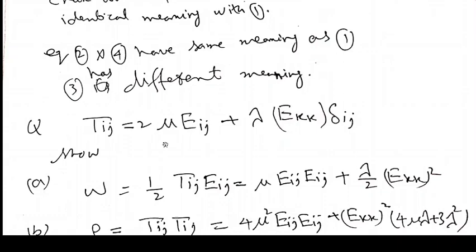E, delta and T have some indices, and mu and lambda have no indices. We will explain how these are tensors or not, and how lambda and mu are scalars. Now you only need to concentrate on the question. Don't think about tensors, scalars, vectors at this moment.